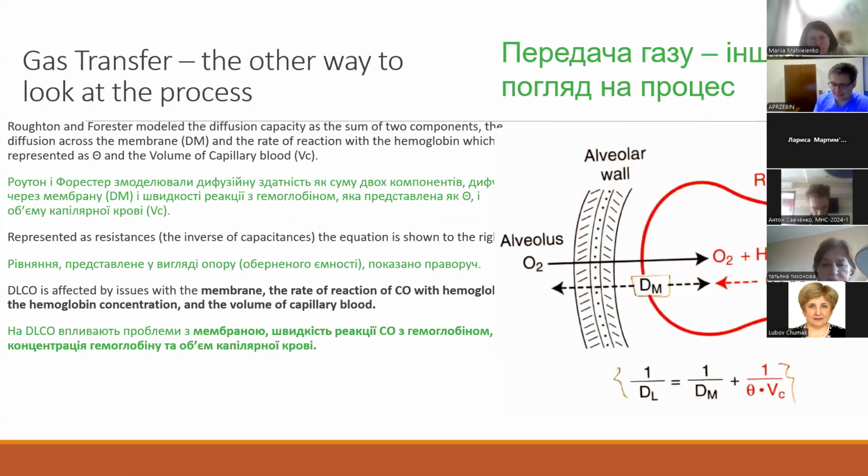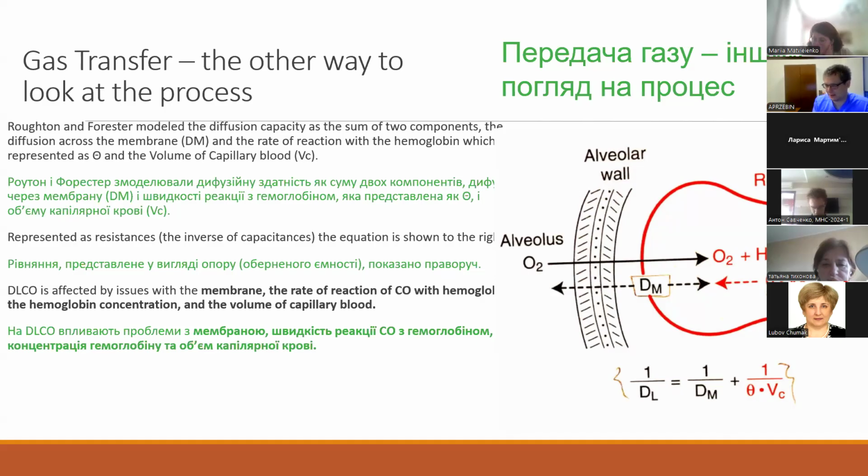Now, that's the measurement portion, but in order to understand what's wrong with the whole unit, we have to look at the lung unit in another way. And that is gas transfer, looking at gas transfer as the sum of 2 resistances.